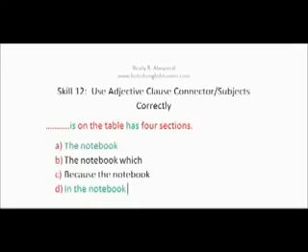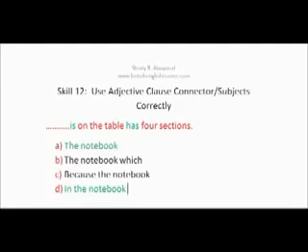But look at B and C. B, the notebook which, and C, because the notebook. So we've got here 2 choices with 2 connectors. Now let's have a look at number C. Can we say because the notebook is on the table, has 4 sections? We can't say that for many reasons.